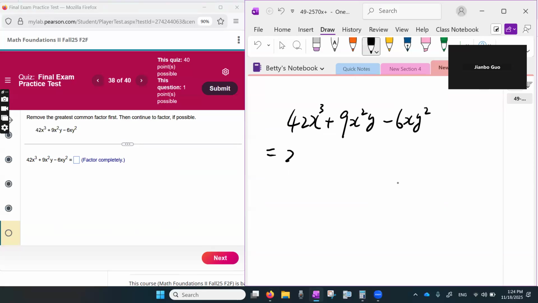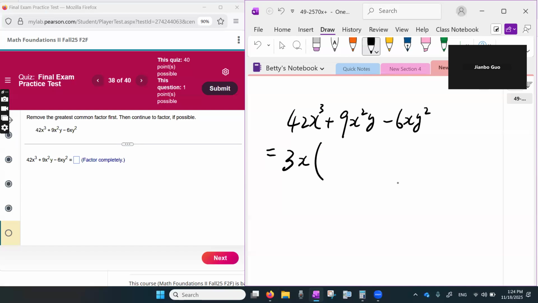GCF is 3. 42 divided by 3 is 14. So a factor of 3x. I remember this question was very similar earlier today, when we did the review for exam 3.